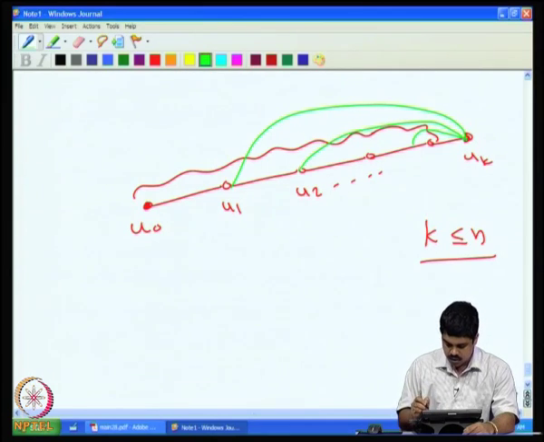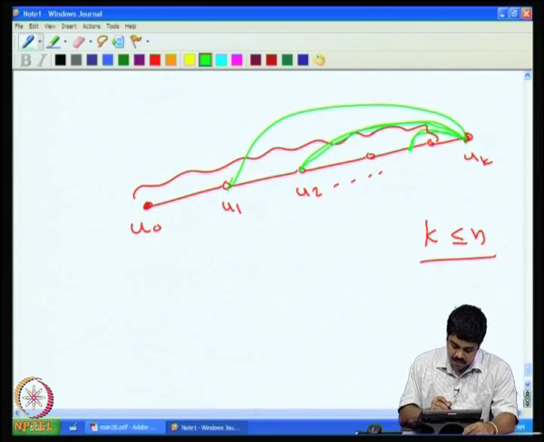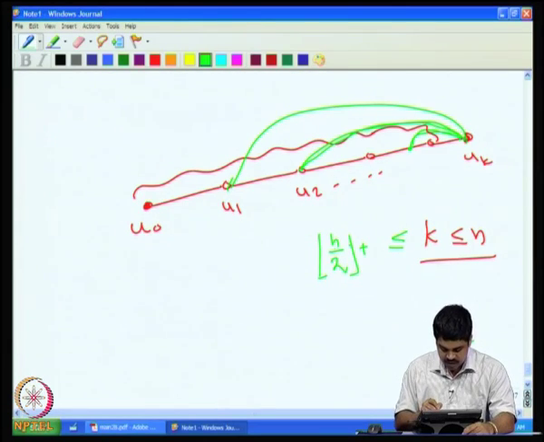But we know that uk has n by 2 neighbors. So the green edges that I have drawn from here go to n by 2 of these places, which immediately says that the path has to have at least about n by 2 plus 1 vertices. u0 also should be there.